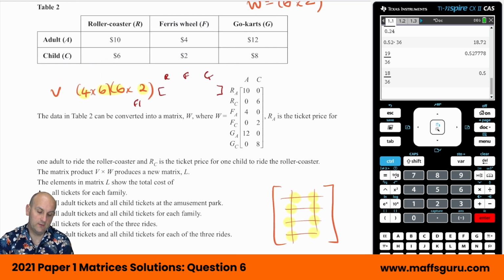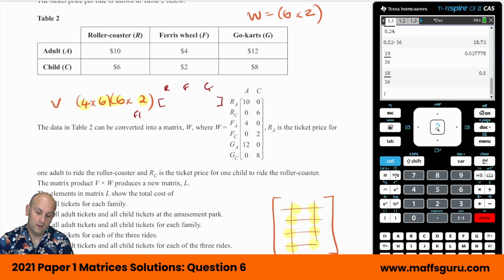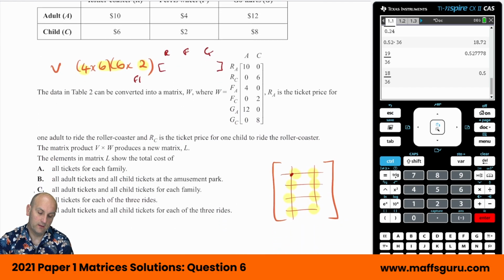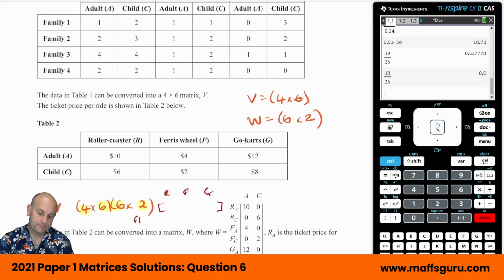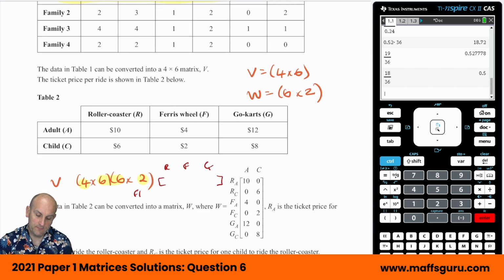So we are going to be doing, for that very first row, which will give me this number here, family 1 for adults. That one there is going to be family 1, because that's the row we're doing, and we're multiplying it by the adult cost.